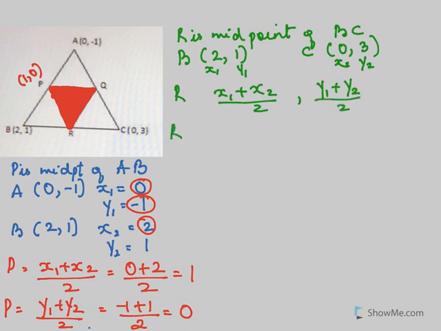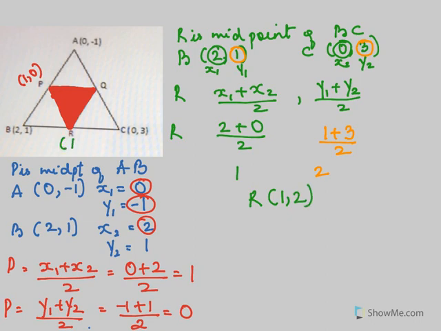So R will be 2 plus 0 divided by 2, so that becomes 1. And then y1 plus y2 divided by 2, 1 plus 3 divided by 2, and that would be 2. So the coordinates of R are (1, 2).